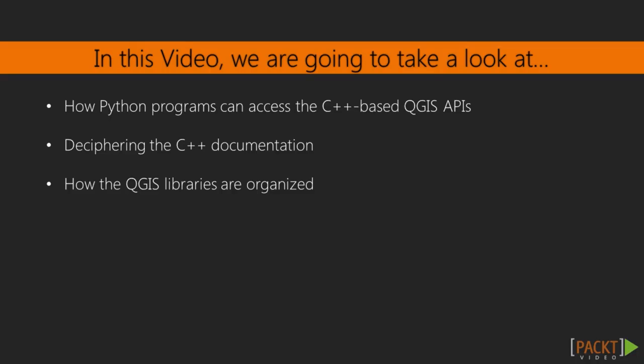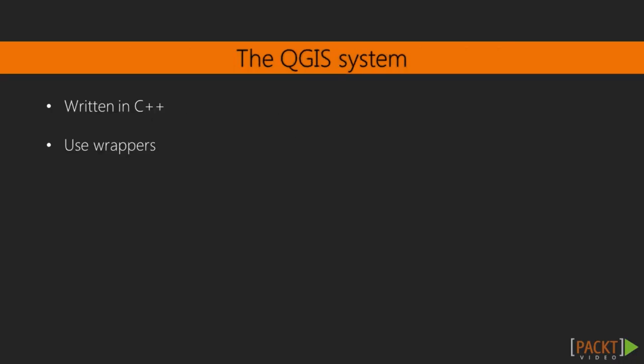In this video, we will see how your Python code is able to access the C++ based QGIS APIs. We'll learn enough about C++ to read and understand the C++ oriented documentation and see how these APIs are organized. The QGIS system, including the QGIS APIs that we've been using, are all written in C++. In order to access the C++ based code from Python, we have to use various wrappers around the C++ code.